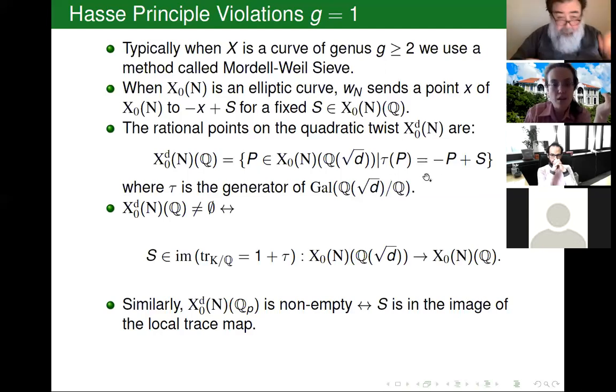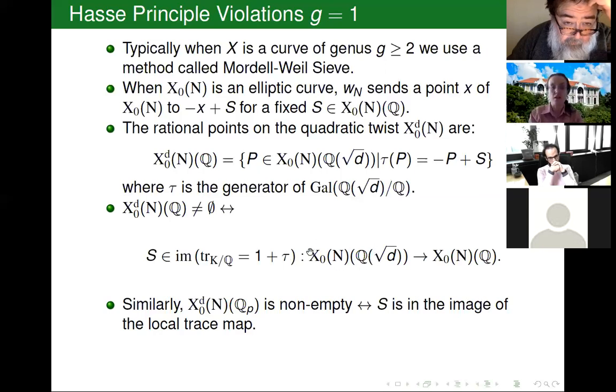So if you translate this, you're asking the following: my twist has rational points if and only if the image of the trace map 1 plus tau can be taken as a trace from the quadratic field to the rationals. My twisted curve has rational points if and only if the image of the trace contains the point S. S is not an arbitrary point; it's this S here that determines my Wn.